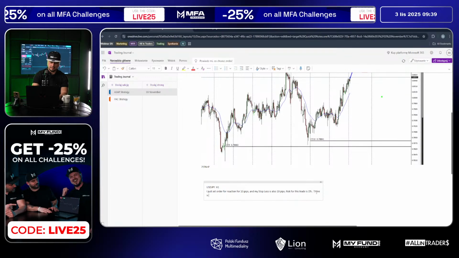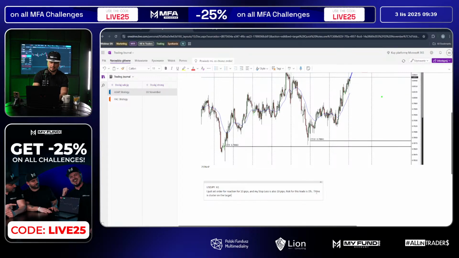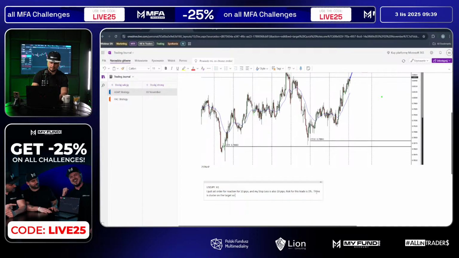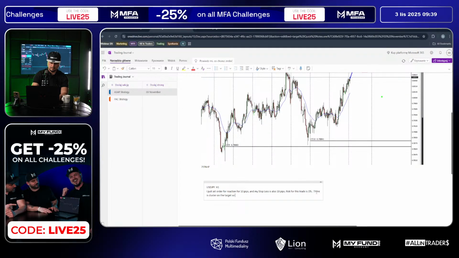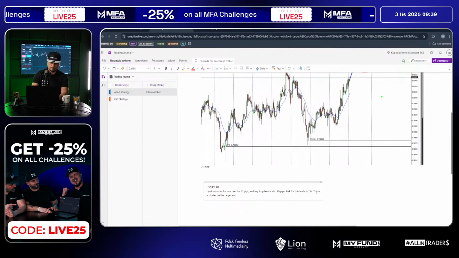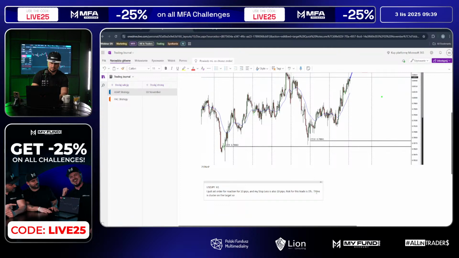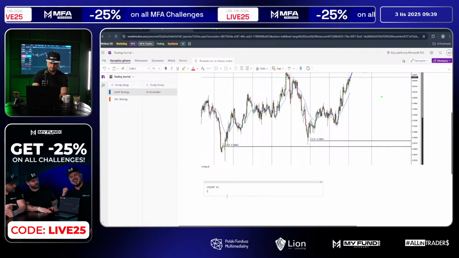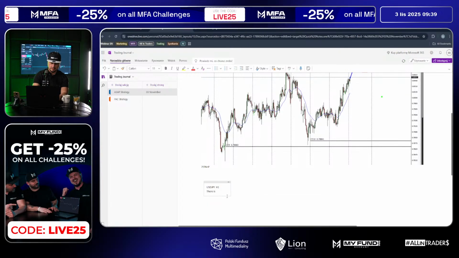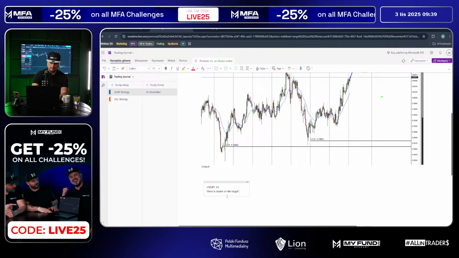There is a cluster on the target. Once again, there is a cluster on the target.